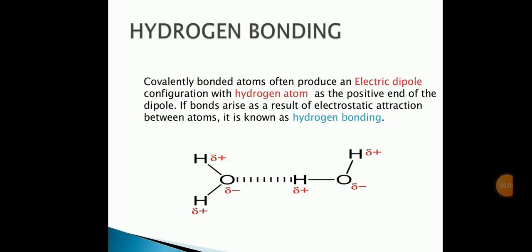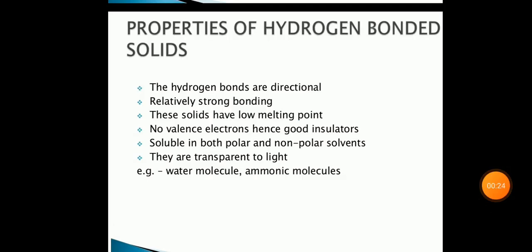The hydrogen bond: covalently bonded atoms often produce an electric dipole configuration with the hydrogen atom as the positive end of the dipole. If a bond arises as a result of electrostatic attraction between the atoms, it is known as a hydrogen bond. The properties of hydrogen bond solids: hydrogen bonds are directional, relatively strong bonds.